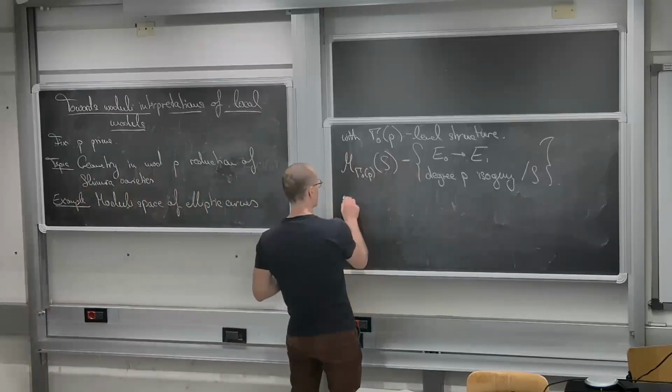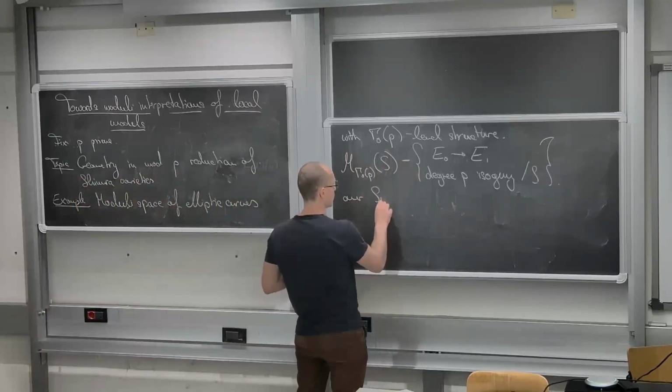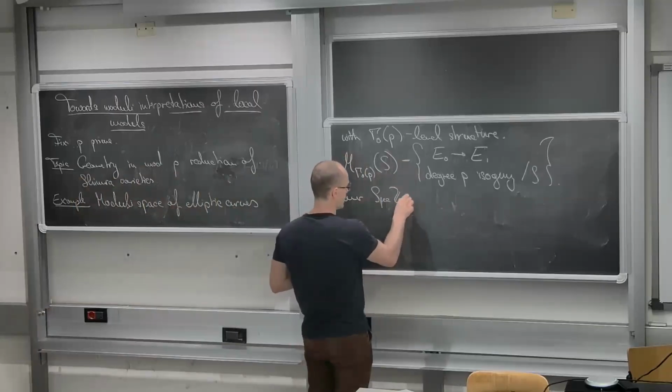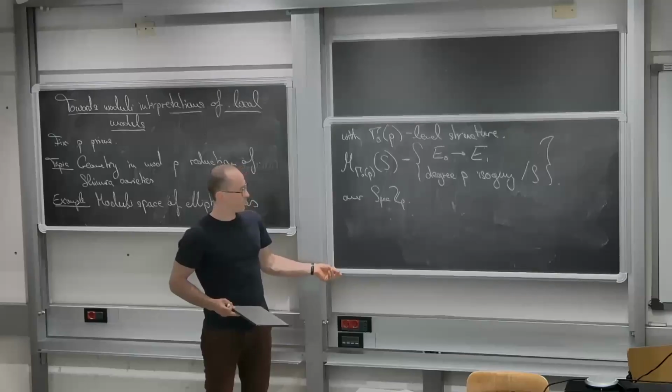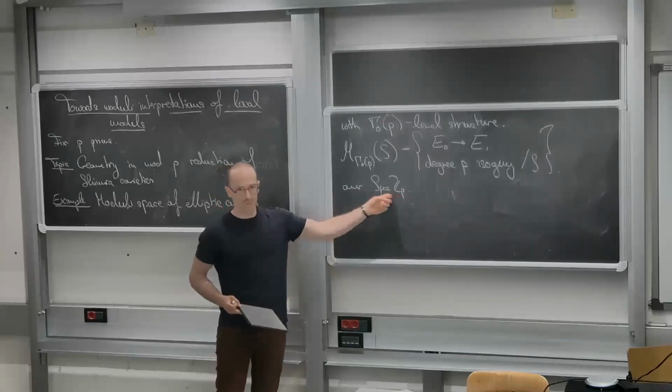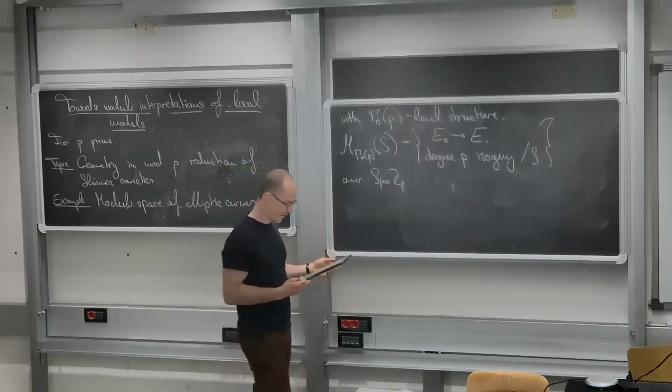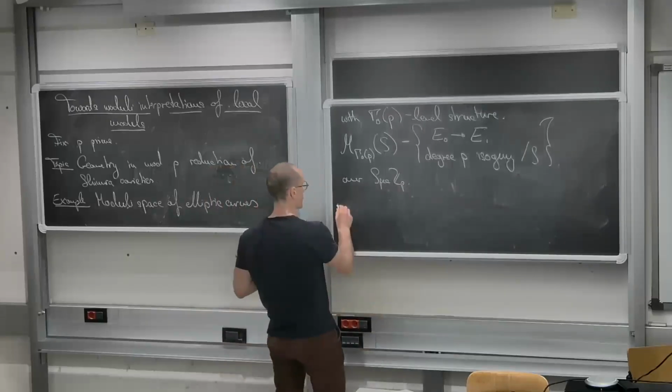So, I want to view this over the p-adic integers. So it's defined over Z, but I restrict my attention to the p-adic integers and I want to study the mod p reduction.